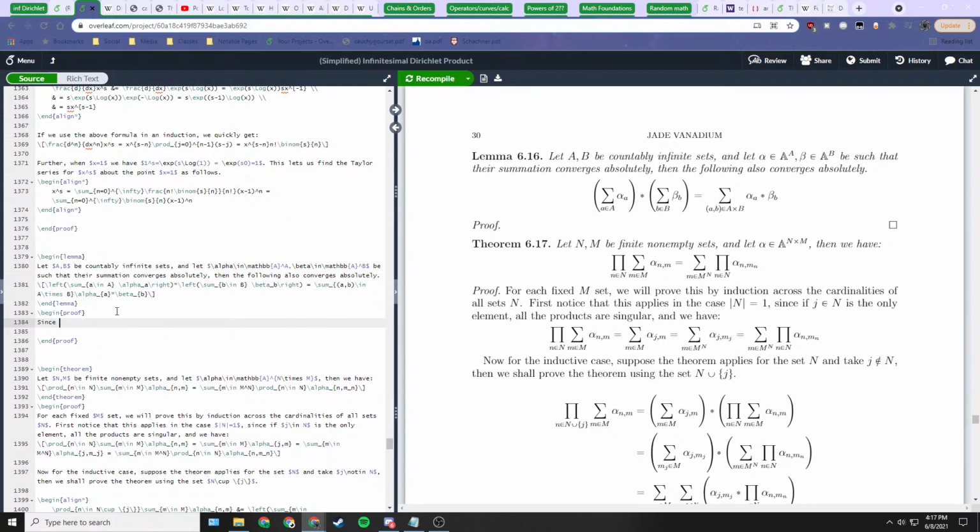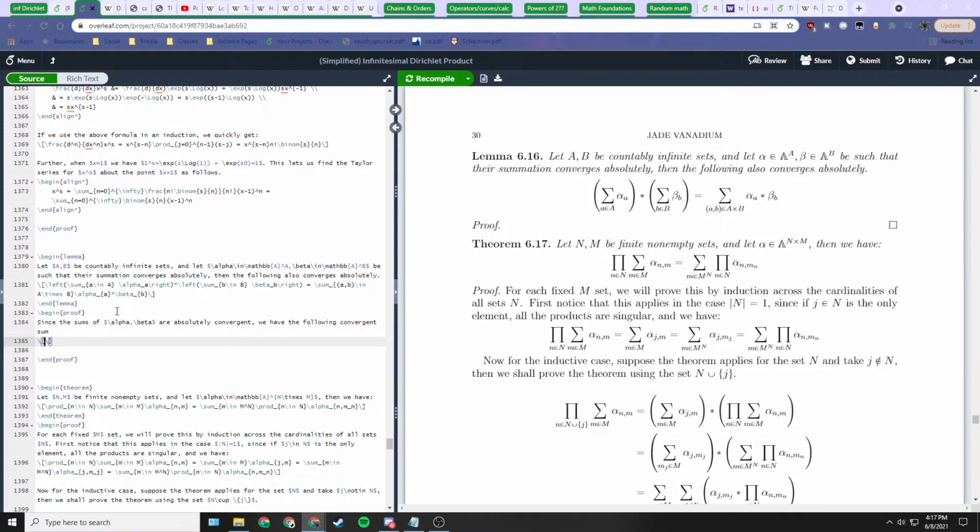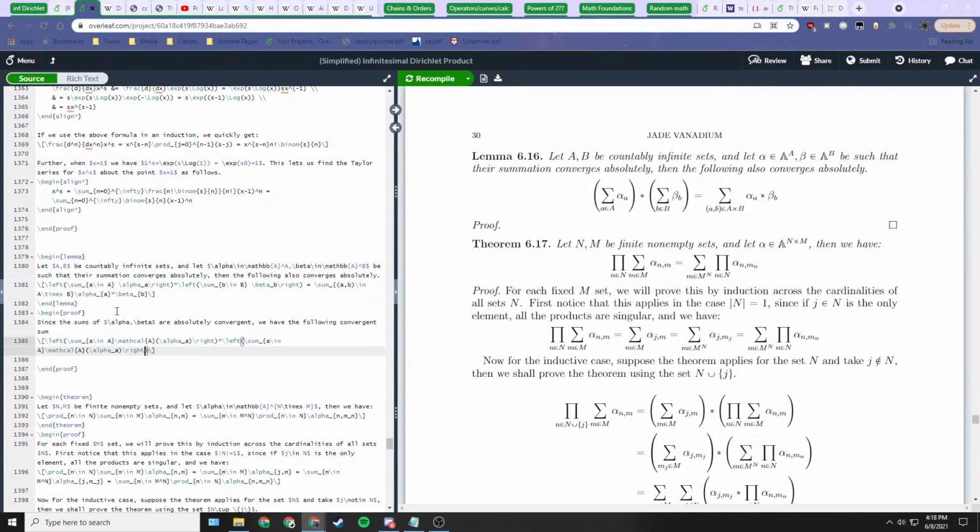Okay, since these sums of alpha and beta are absolutely convergent, we have the following convergent sum: the sum over a in A of absolute value alpha sub a, and then exactly the same thing except with B and beta.